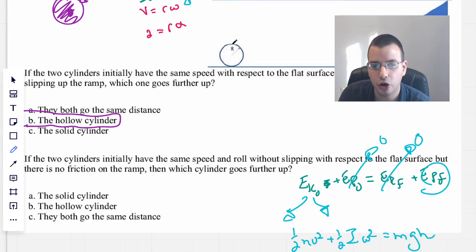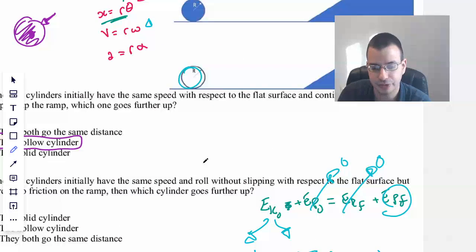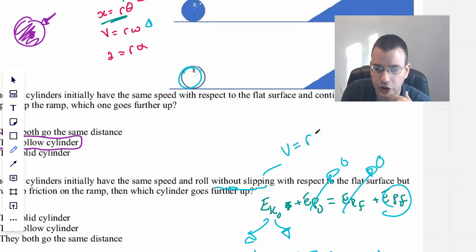So we have something rolling here, and there's a relationship without slipping, which means you have this v equals R omega relationship between the translational and angular speed. And so there's this proper division between the translational and rotational energy.